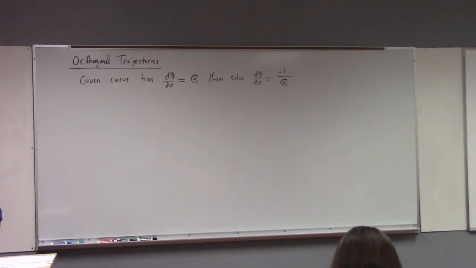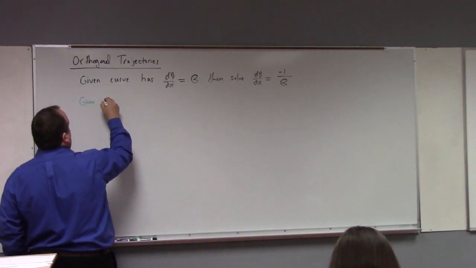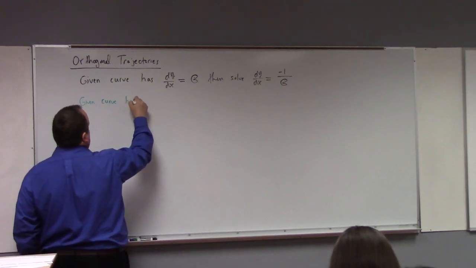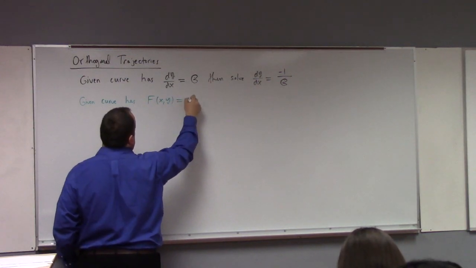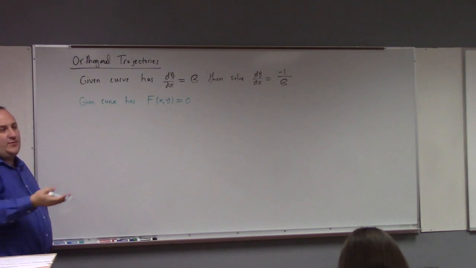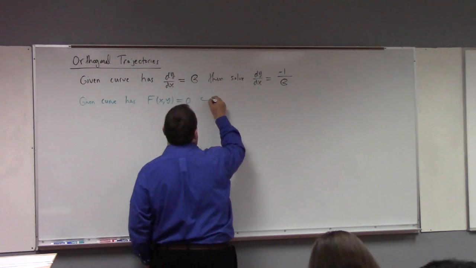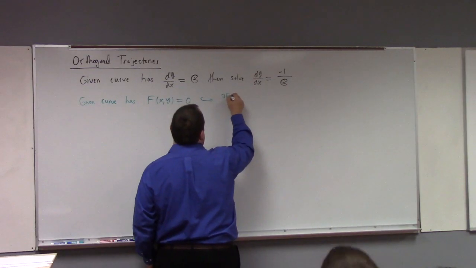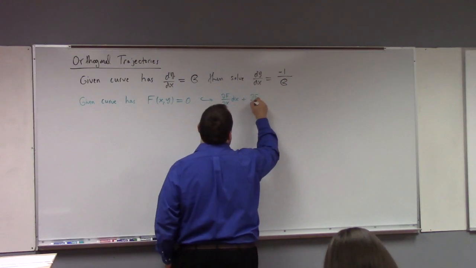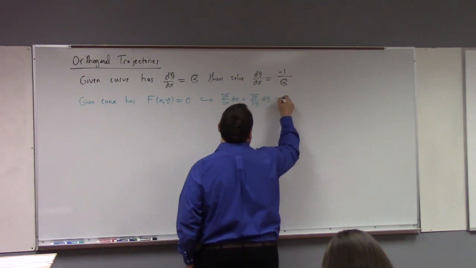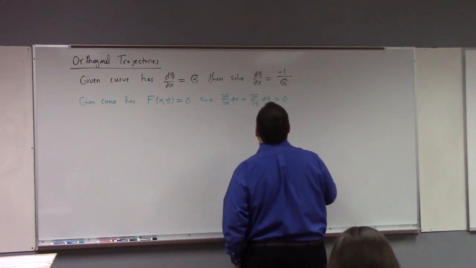Another way this comes to you is your given curve has f of x comma y equals 0. You've got some equation that defines the curve, right? So then what you do is partial f partial x dx plus partial f partial y dy equals 0.